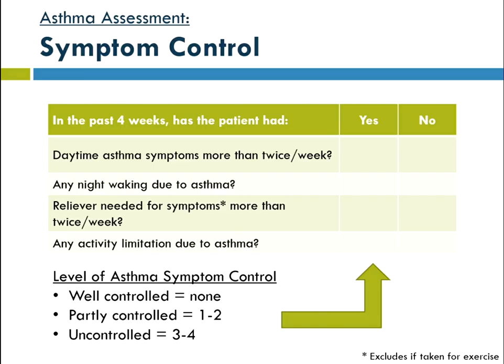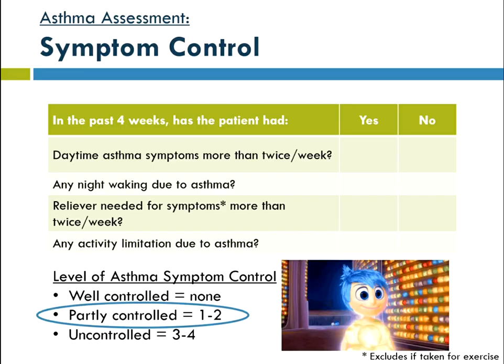That makes sense, right? Well controlled, you're not having daytime symptoms, you're not waking up at night, you're not having activity limitation. 1 to 2 is going to be partly controlled. 3 or more, or 3 to 4, same thing, it's going to be uncontrolled.